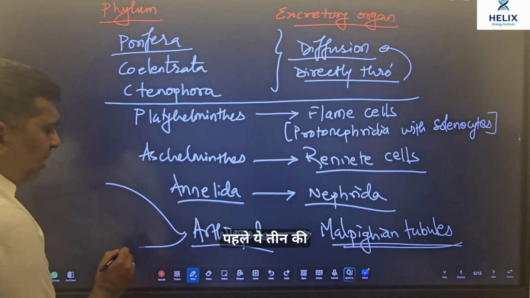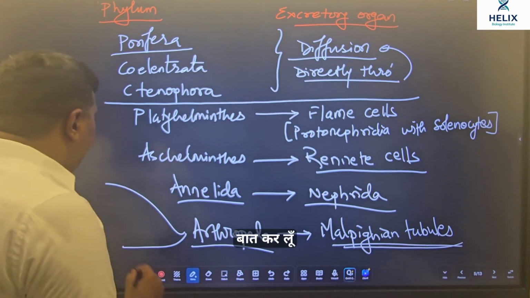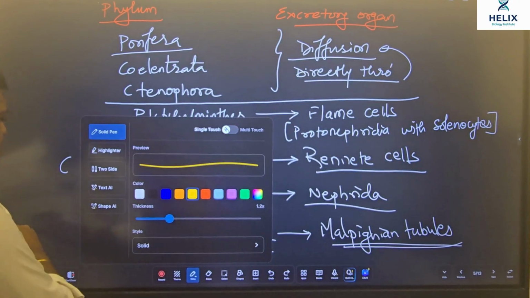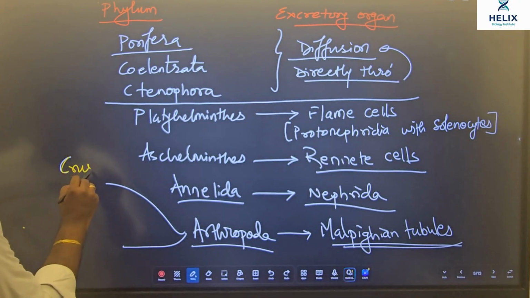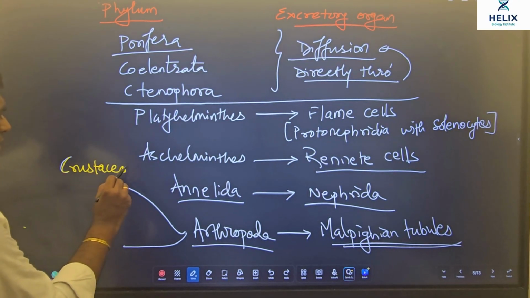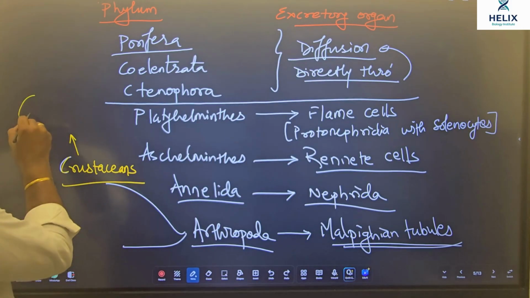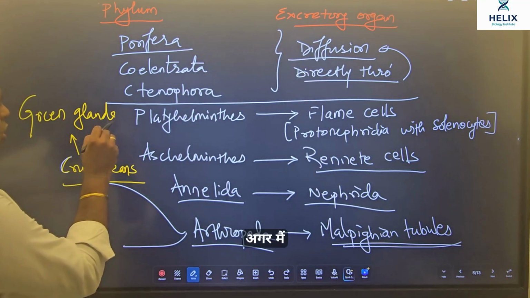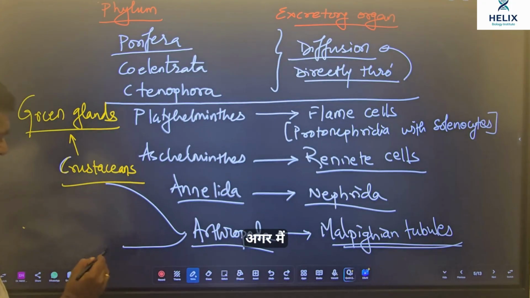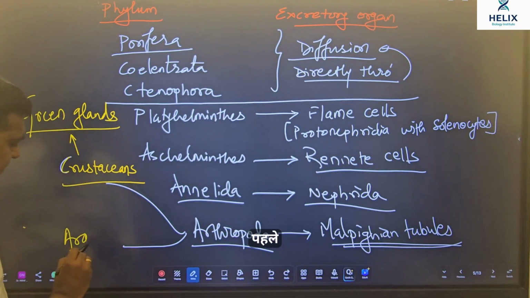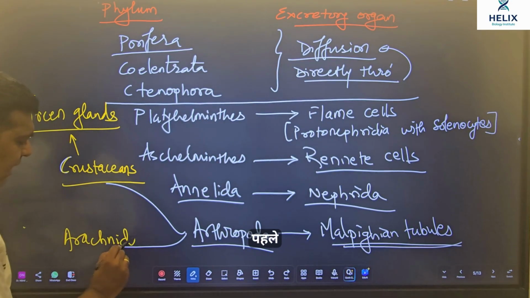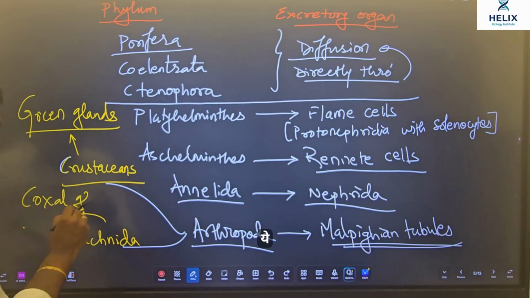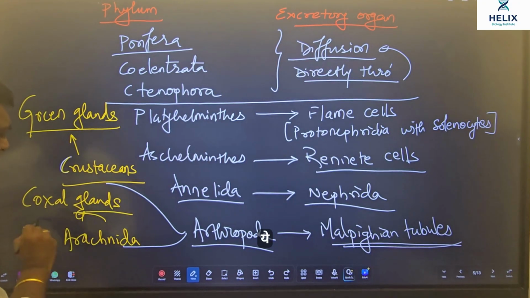Definitely in arthropod we see two other types of excretory organs. If I talk about crustaceans, that is majorly aquatic arthropods, in them we see green glands as an excretory organ, whereas in arachnids, that is scorpion and spider, we see coxal gland as the excretory organ.